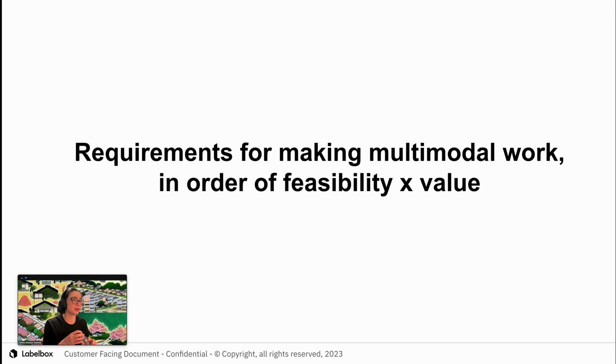So here's just a general list or ordering, I think, based on feasibility and value, i.e., there are things that are more valuable to do and are probably more feasible to do, especially if you're a small company or startup, versus if you're a big company like Facebook or GCP, you name it.